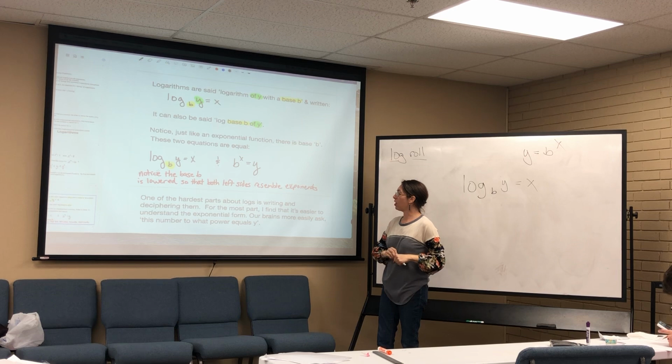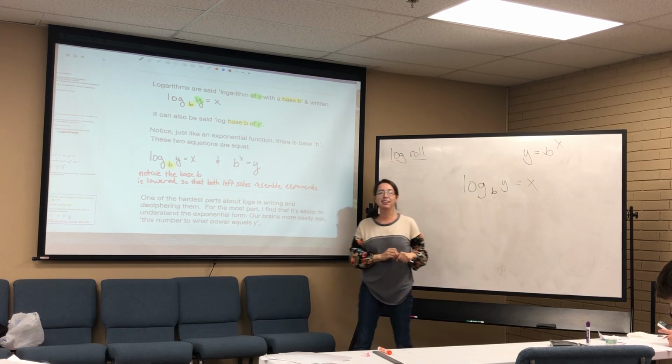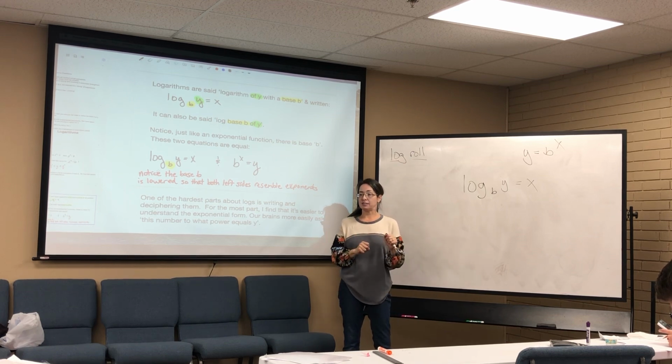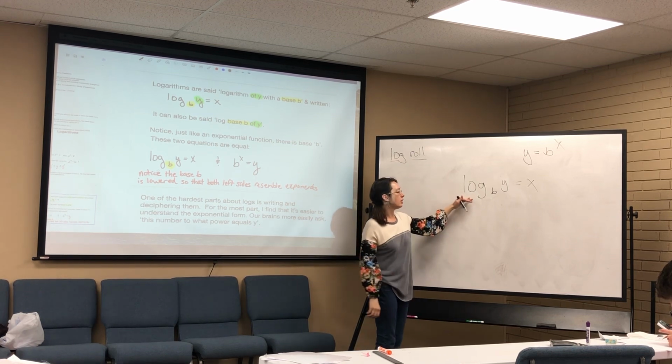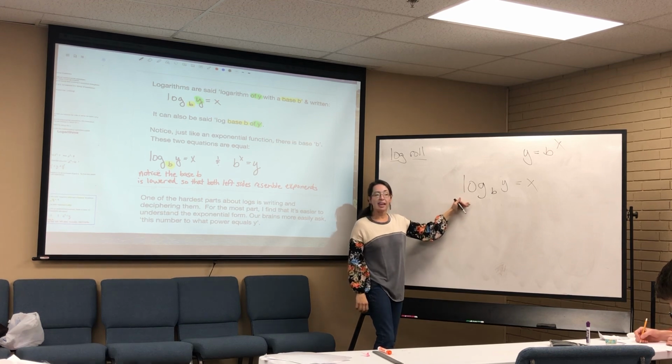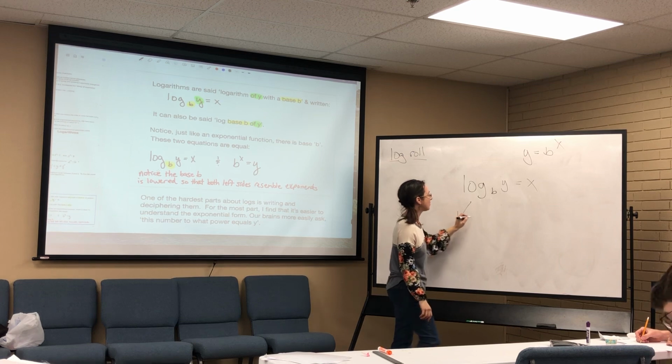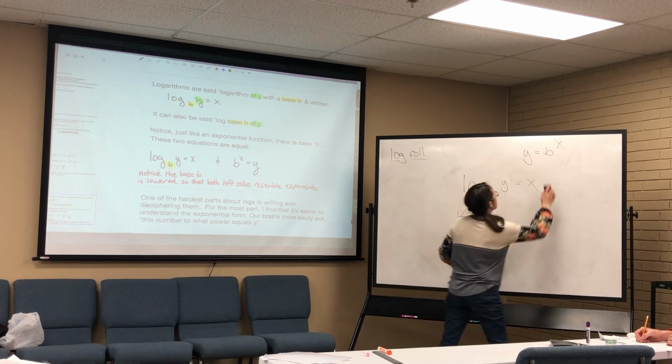And I wrote up here, one of the hardest parts about logs is actually writing and deciphering them. So I'm going to go through the log roll and explain what it actually means. When you have log of something, and we're going back and forth, there's going to be 2 rules. I'm going to put these side by side.